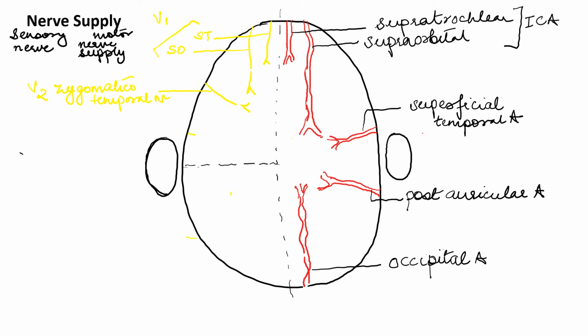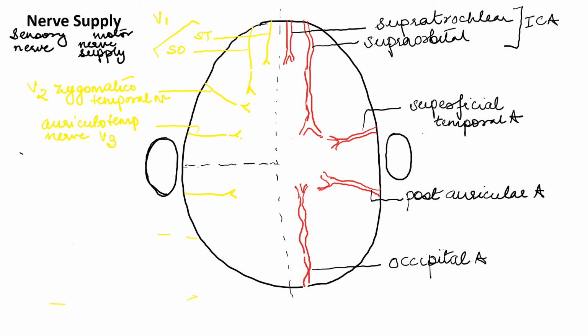And superior and anterior to the ear, the area of the skin is supplied by the auriculotemporal nerve, which is a branch of the mandibular division and accompanies the superficial temporal artery.